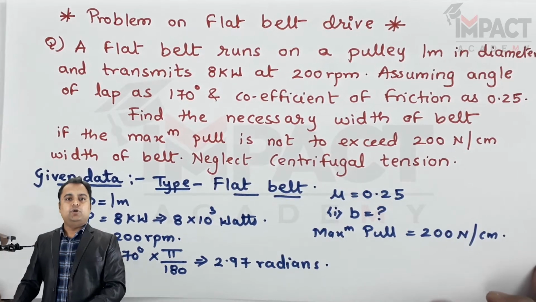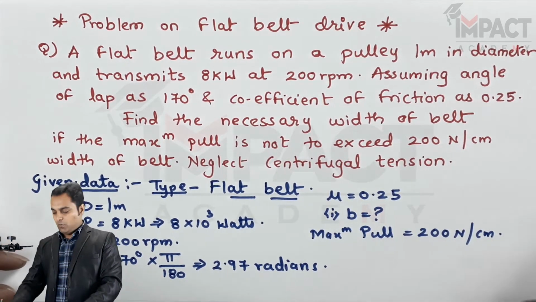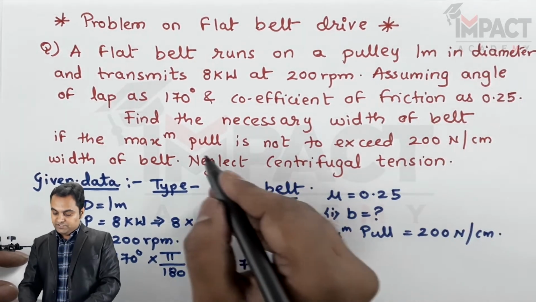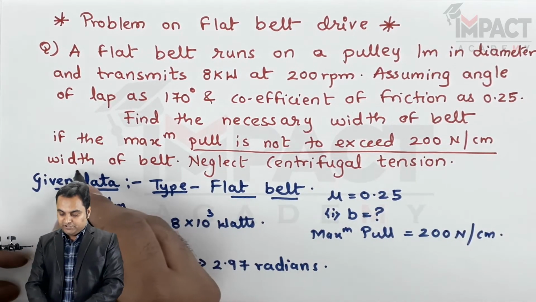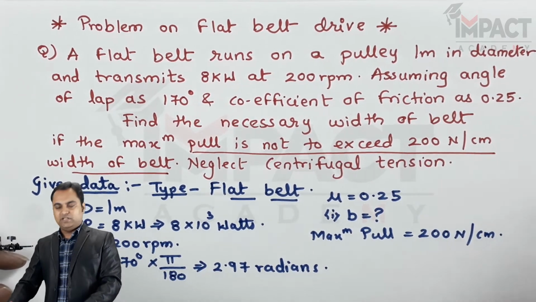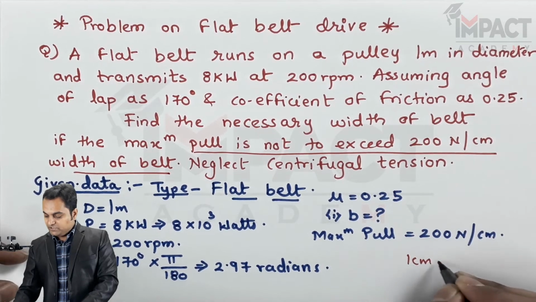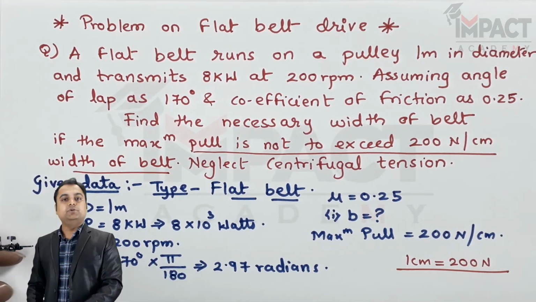So here I am going to apply a concept that if the belt is having width of 1 centimeter, because it is given maximum pull is not to exceed 200 Newton per centimeter width of the belt, it means if the width of the belt is 1 centimeter, it is going to resist a load or a pull of 200 Newton.